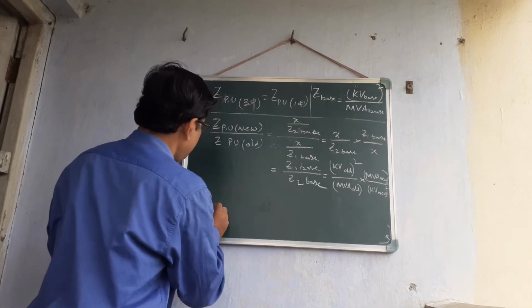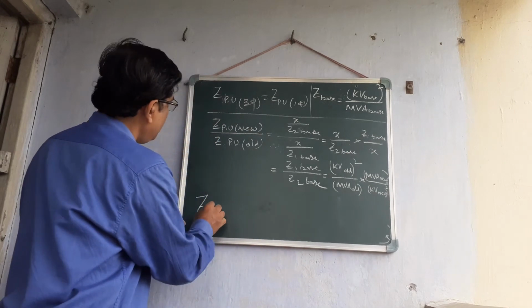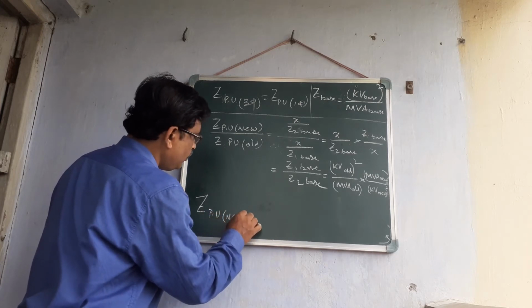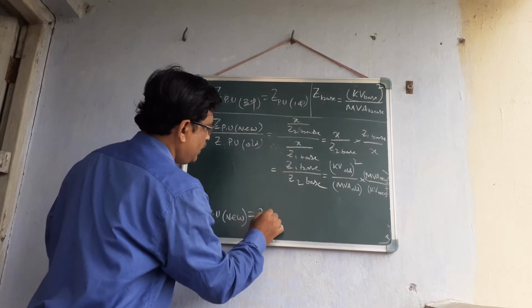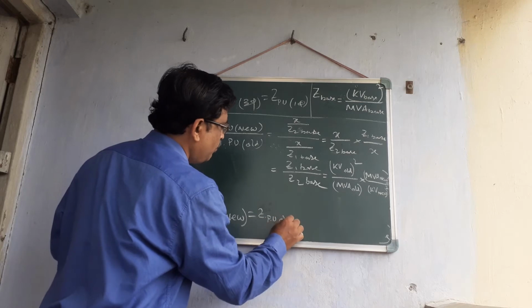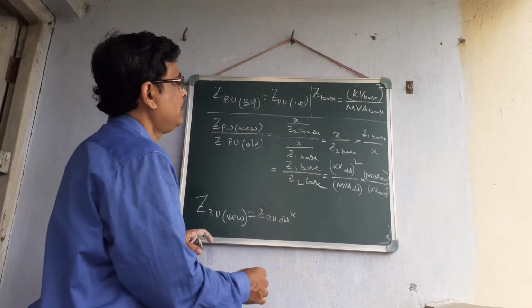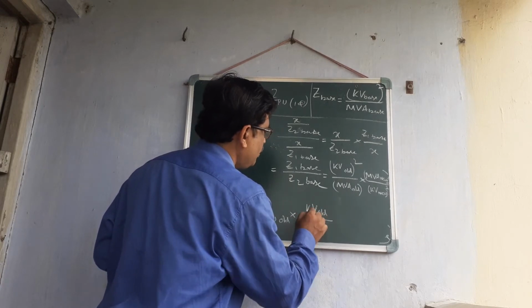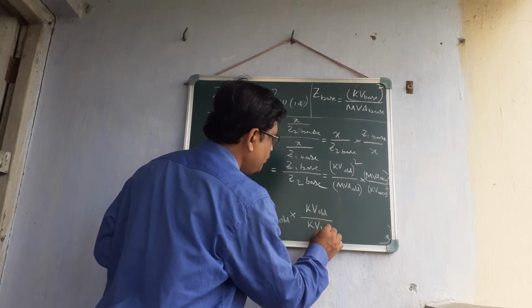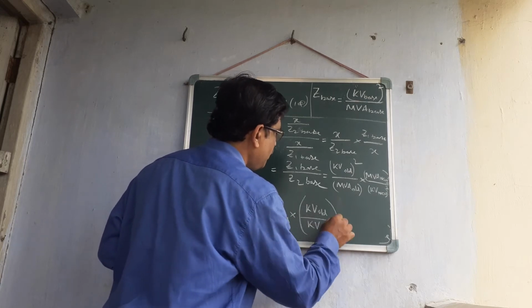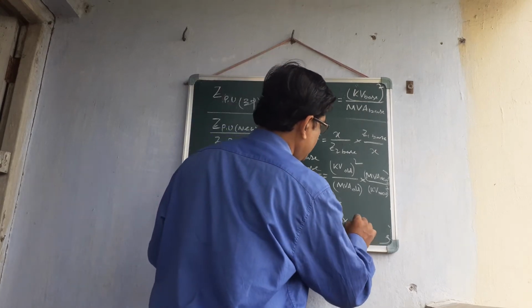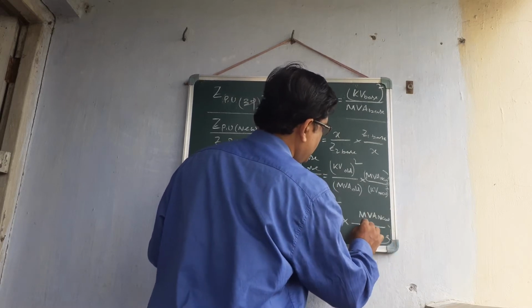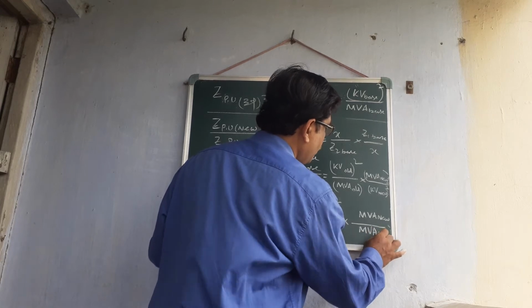From this you can say Z per unit new is equal to Z per unit old multiplied by kV old by kV new, its square, multiplied by MVA new by MVA old.